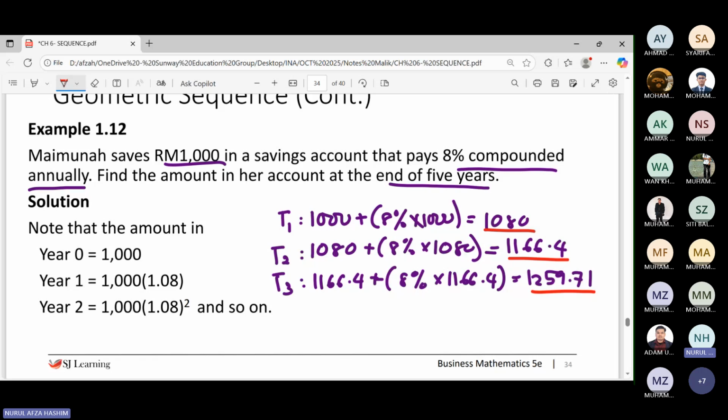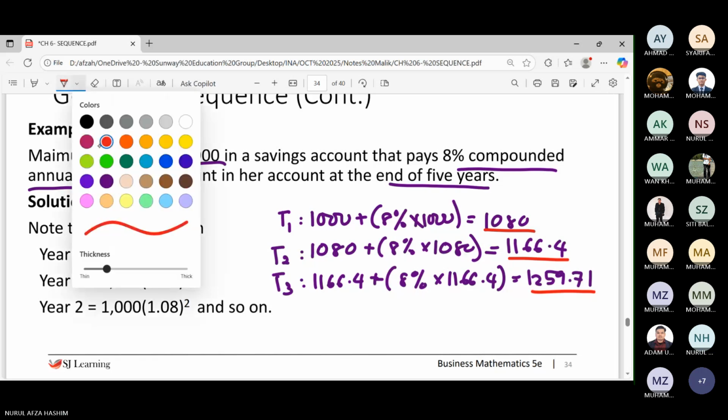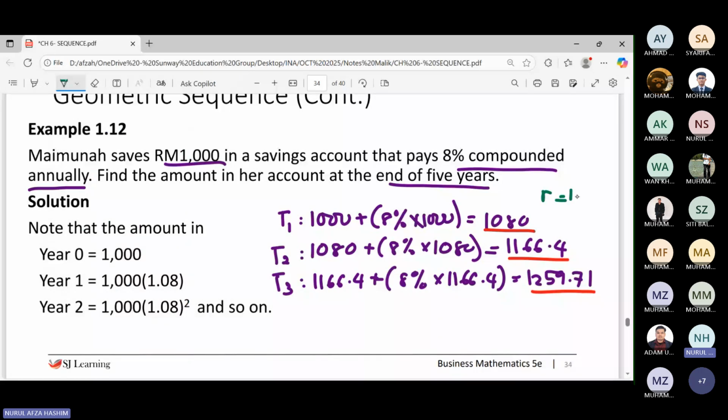So what is your r here? 1.08, right? So you know that your a is 1080 and then your r here is 1.08.